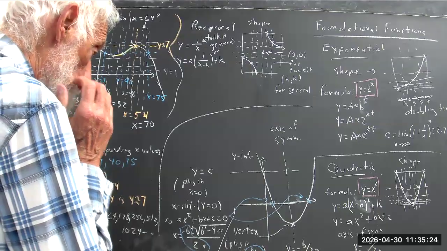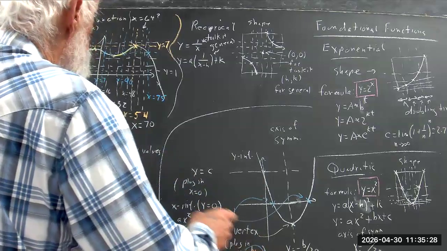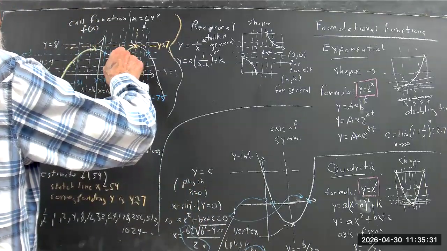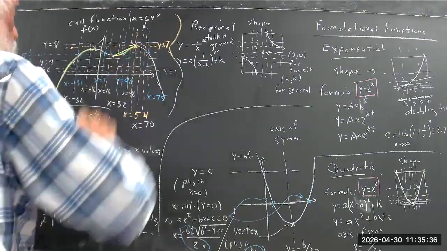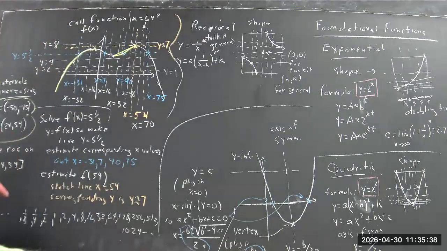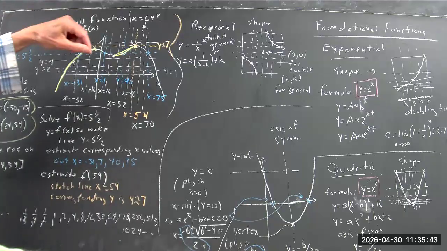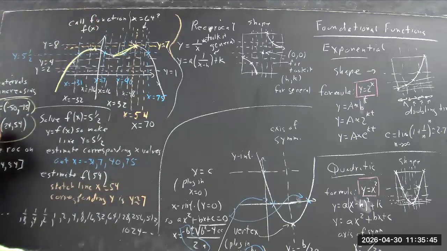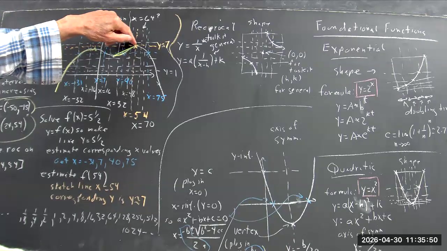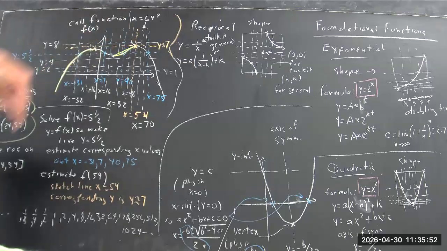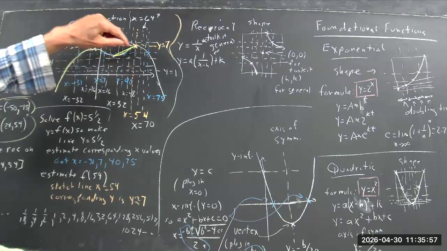I should have another color here somewhere, but I don't think I do. I've just sketched the line segment between the points at x equals 24 and whatever the y value is, and 54. Okay, so there's the graph on the interval 24 to 54.